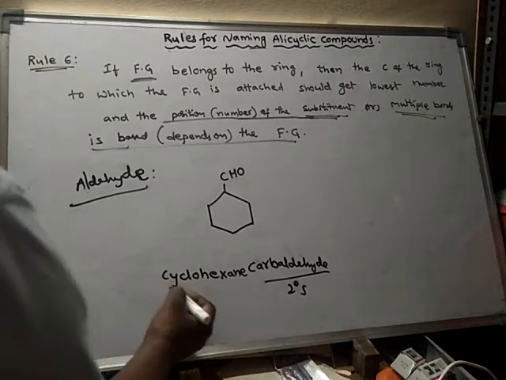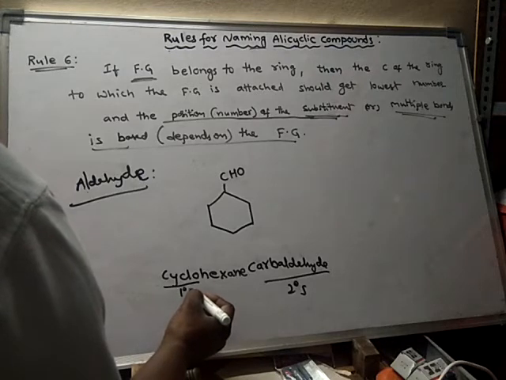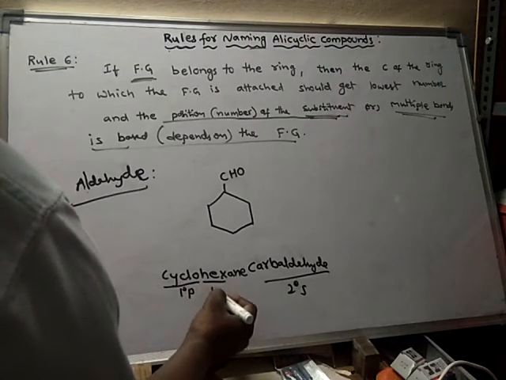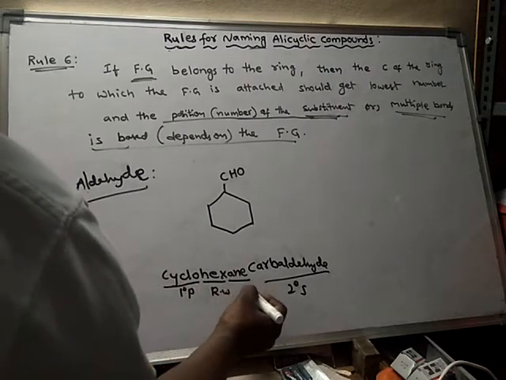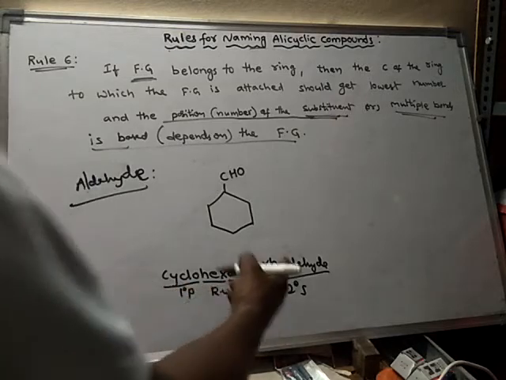So here cyclo is primary prefix, hex is root word, ane is primary suffix. Like this the name of the compound will be. So cyclohexane carbaldehyde.